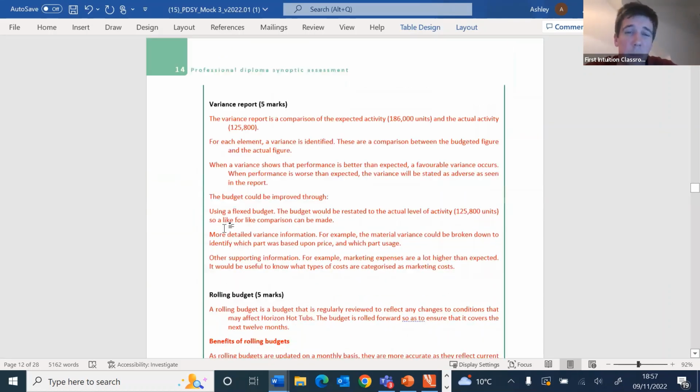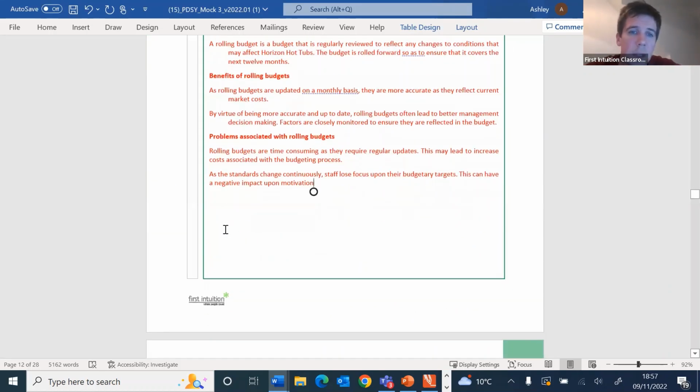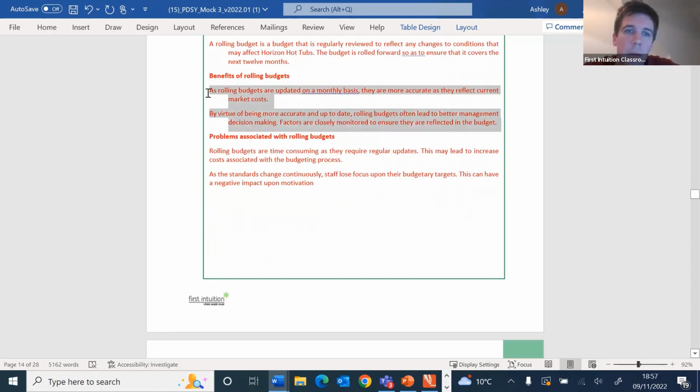And to be honest, in effect, all this is the bonus scheme reaping the rewards of the kind of advantages that rolling budgets generate.